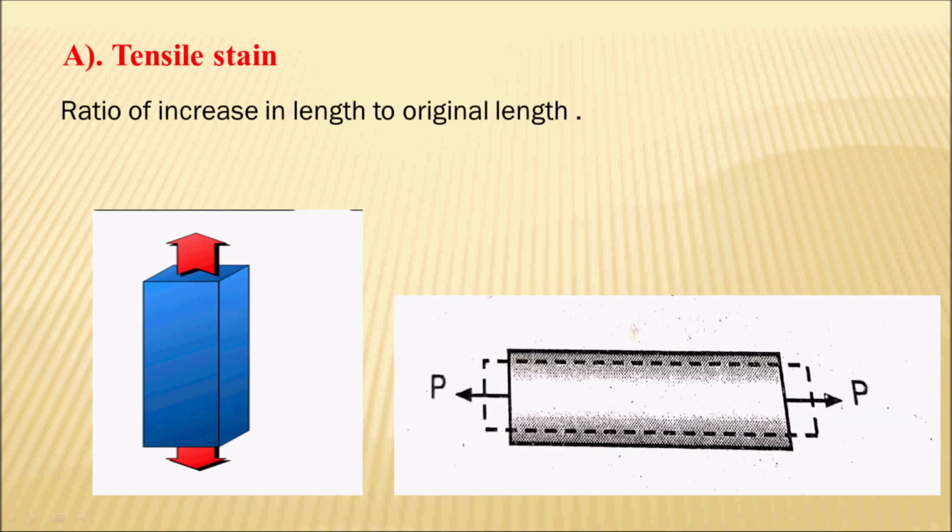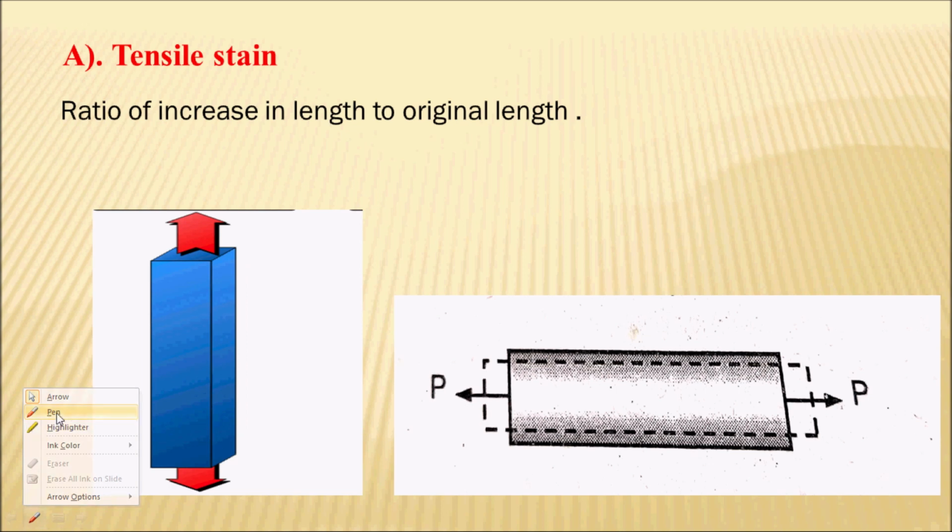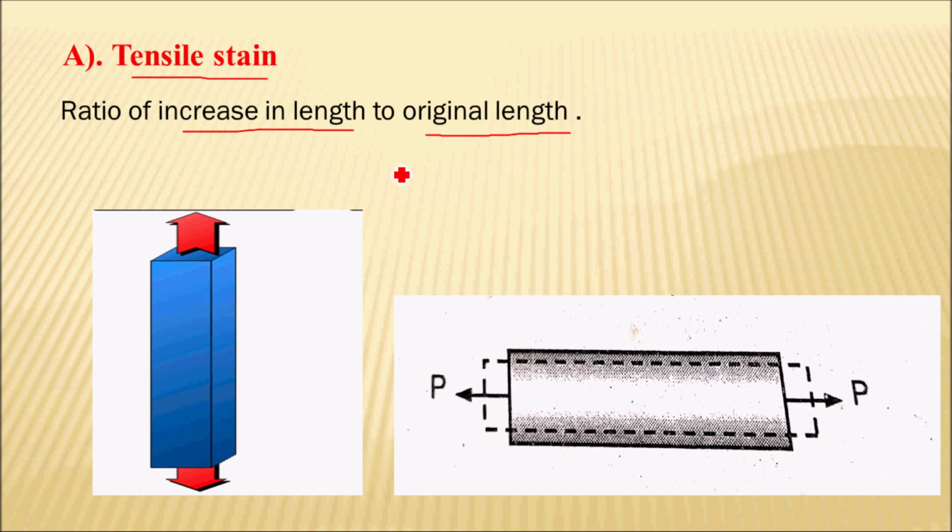Now next, what is tensile strain? Due to these two equal and opposite pull forces, there is a change in dimension of that body. The ratio of increase in length to original length is nothing but the tensile strain.